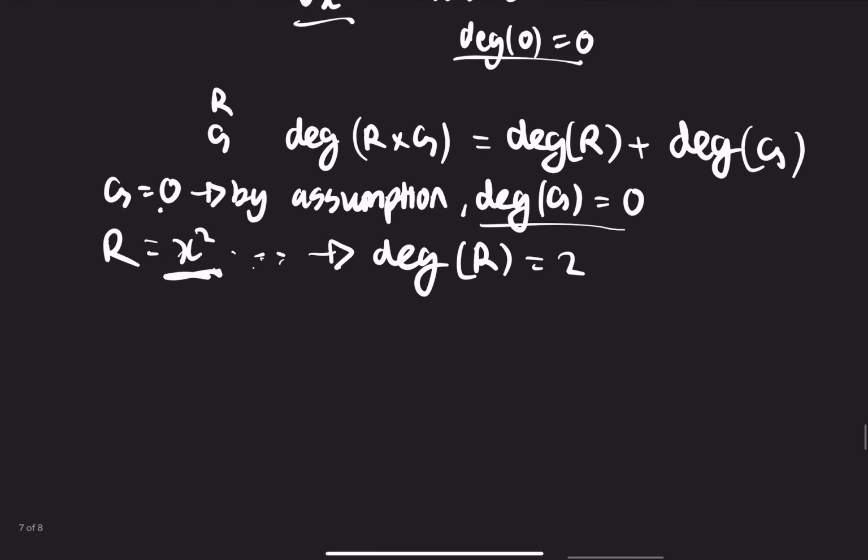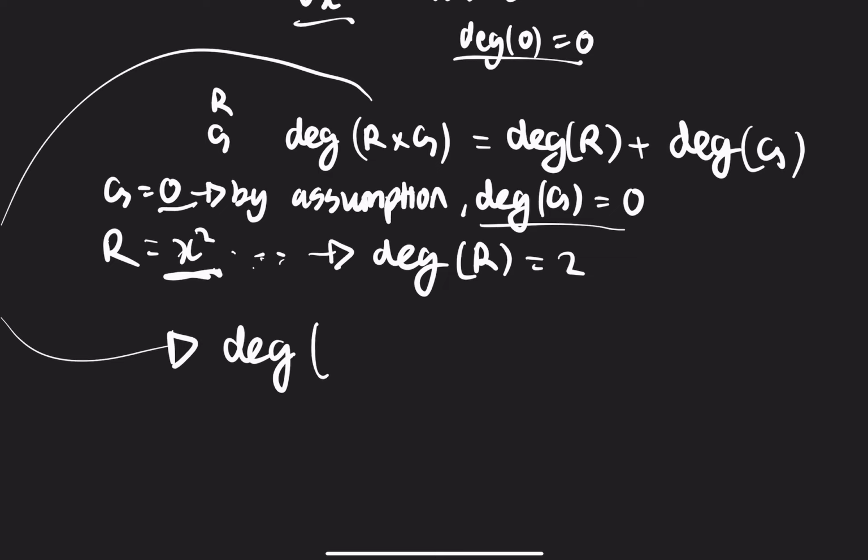Okay, now g is 0, so if we put this back here, substituting 0 for g, we can say the degree of r times 0 is equal to, well, it doesn't really matter what r is, because either way this is going to be 0, right?